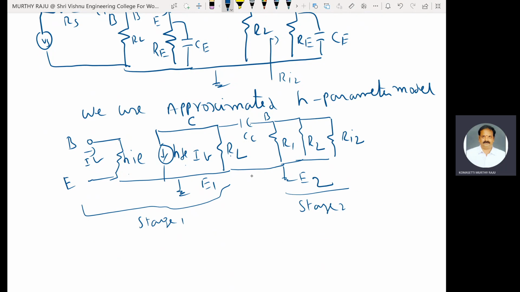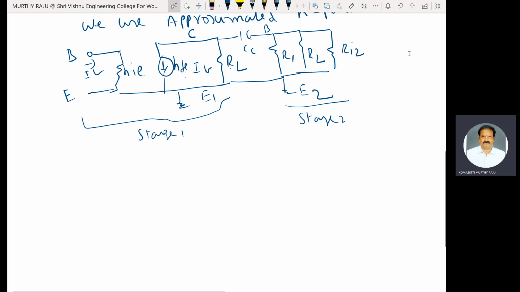Stage 1 and stage 2 are both connected by the coupling capacitor. R1, R2 and Ri2 form Ri dash. Ri2 is also the HIE of the second transistor.